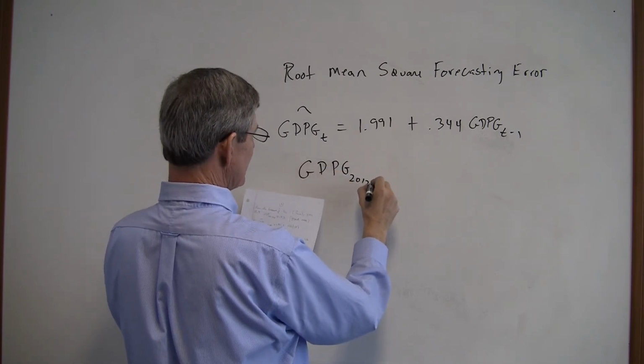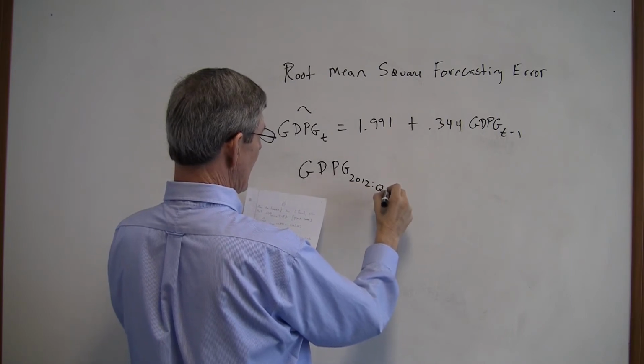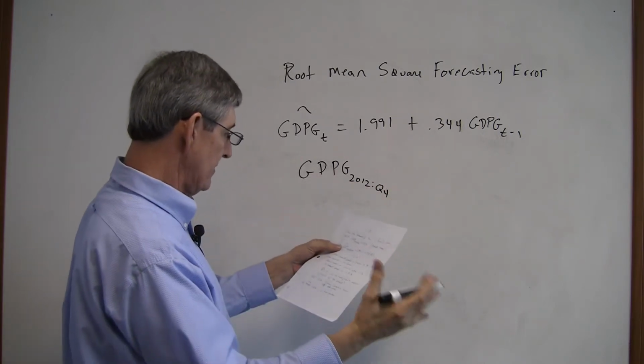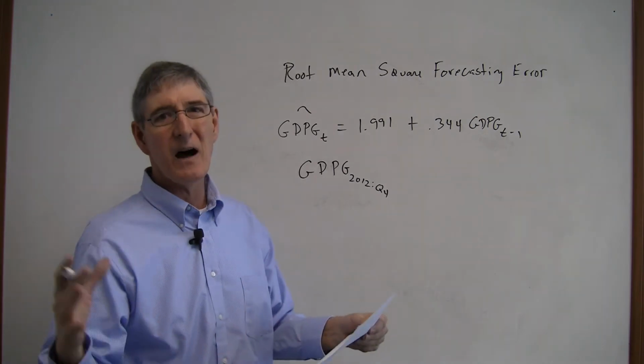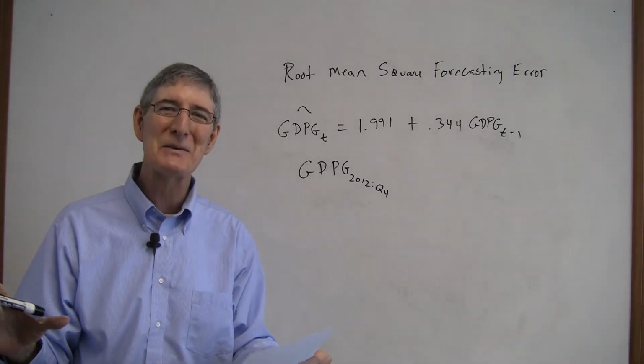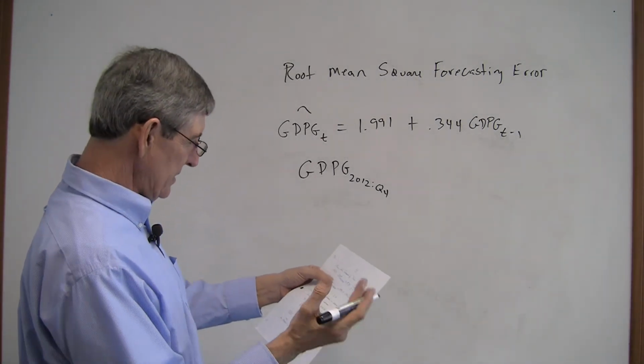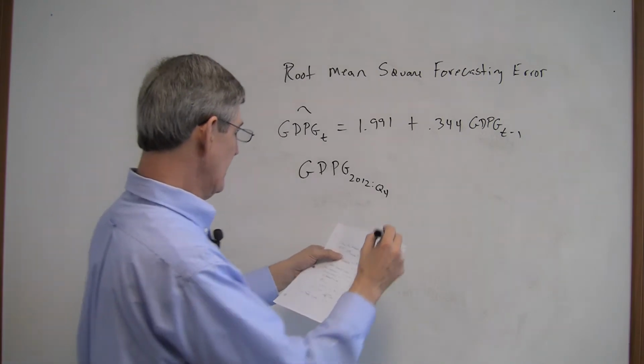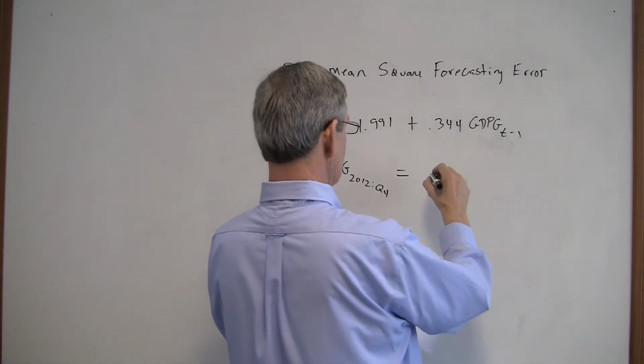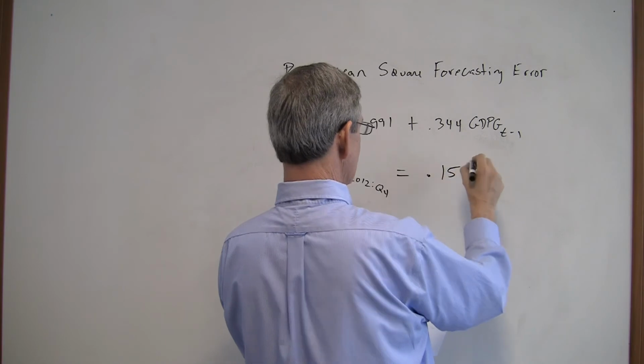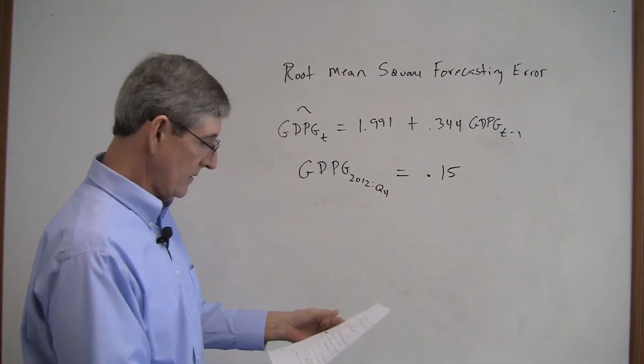In this data set, in the lab stuff, we'll use data right up to today. Actually, I'm going to cut it off at the Great Recession, so we don't have to deal with structural breaks. But we'll use data that goes a little farther than this. That was equal to 0.15%.